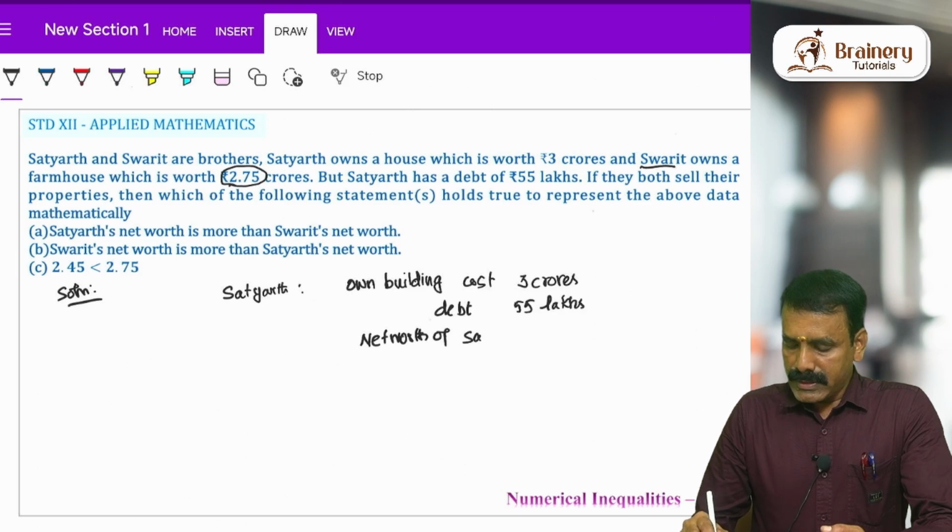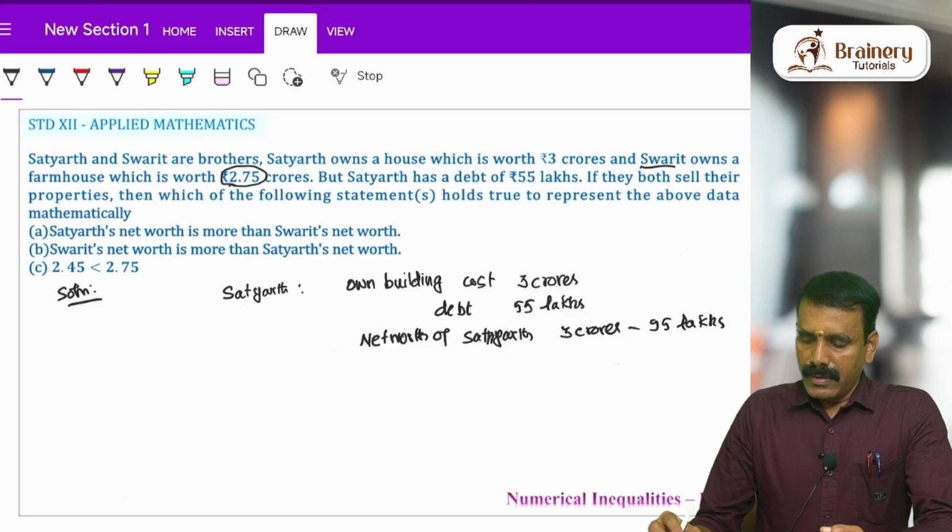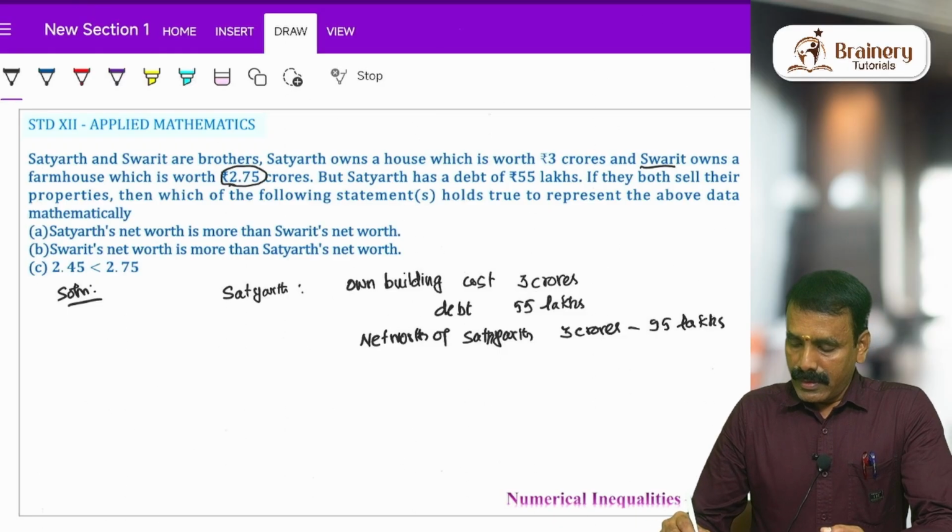Net worth of Satyarth is 3 crores minus 55 lakhs. So you will be having 3 minus 0.55, which is 2.45 crores. So Satyarth's net worth will be 2.45 crores.